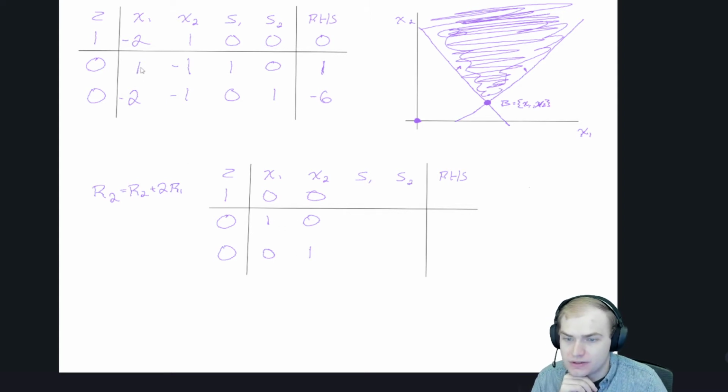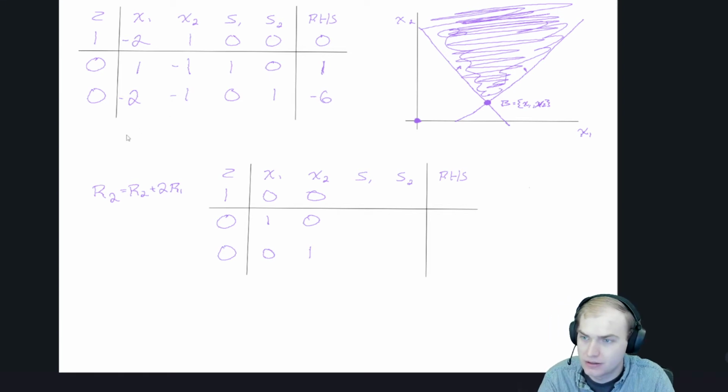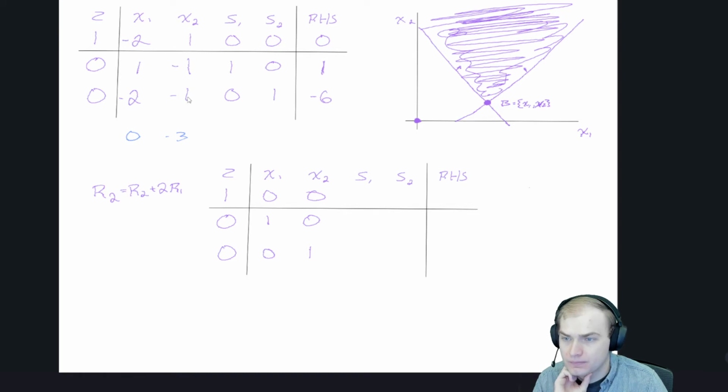So that gives us 0, -3. I'm going to write a temporary row 2 here. 0, -3, 2, 1, 6, or -6 plus 2 is -4.